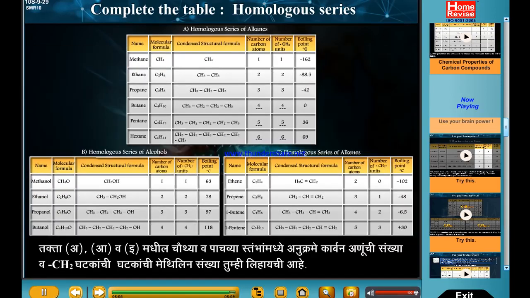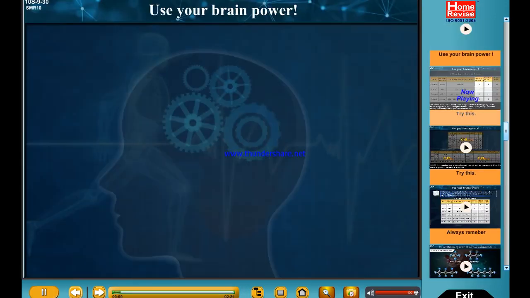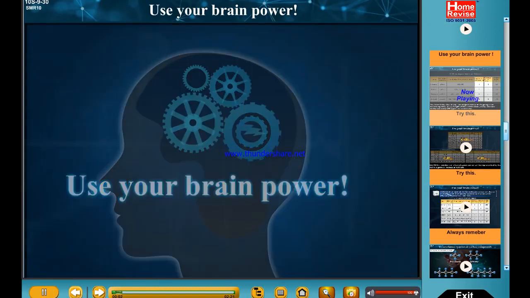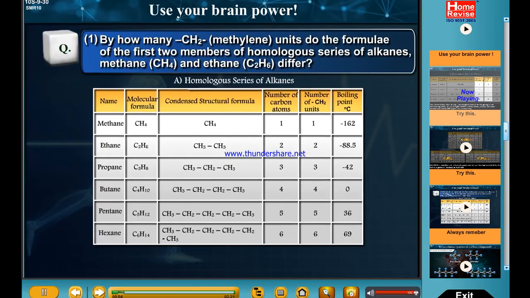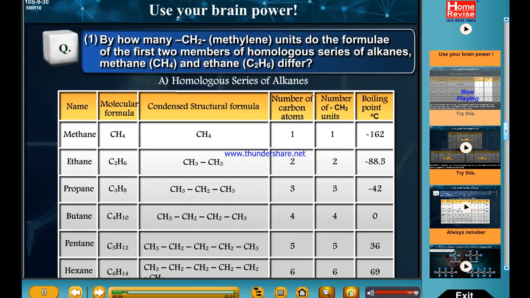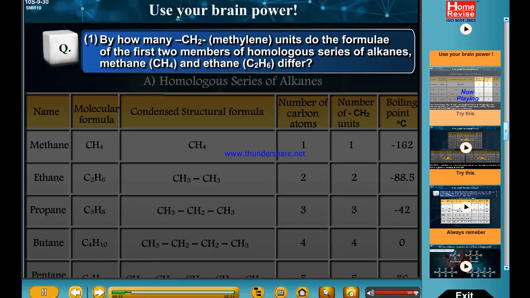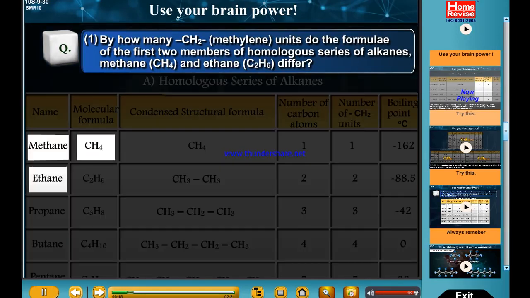9.17, some homologous series. Use your brain power. 1. By how many CH2, that is methylene units, do the formulae of the first two members of homologous series of alkanes, methane, CH4, and ethane, C2H6, differ?